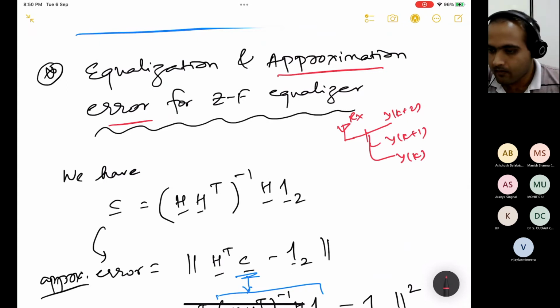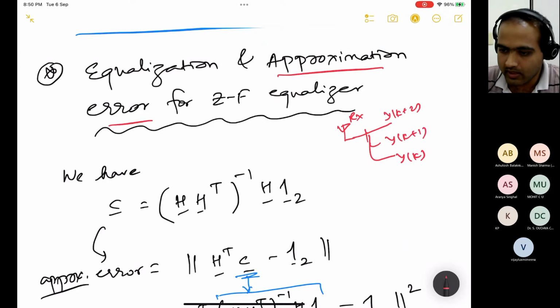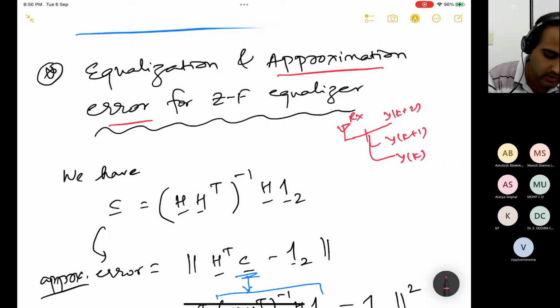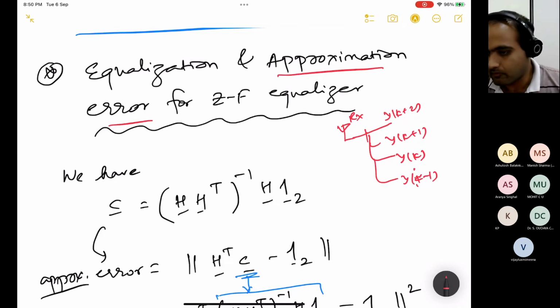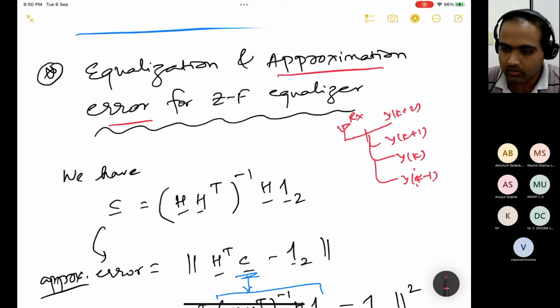The larger the number of taps we have at the receiver, the better is the signal which we want to get. So if I have a lot more values, say yk minus 1, and similarly yk plus 3 and so on, the more taps we have, the better is our estimate.